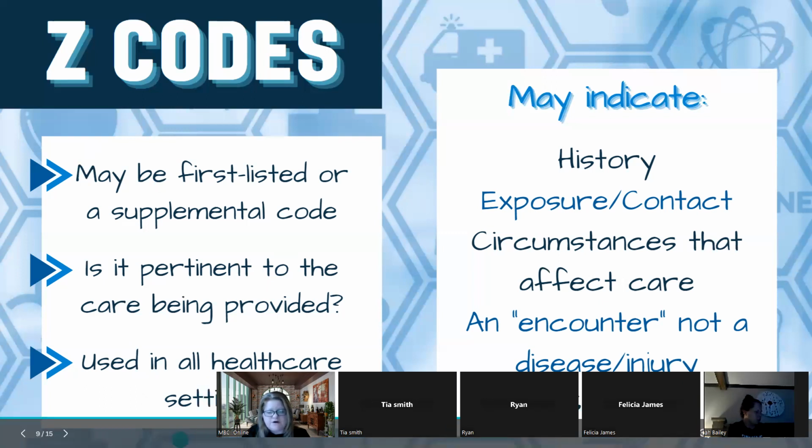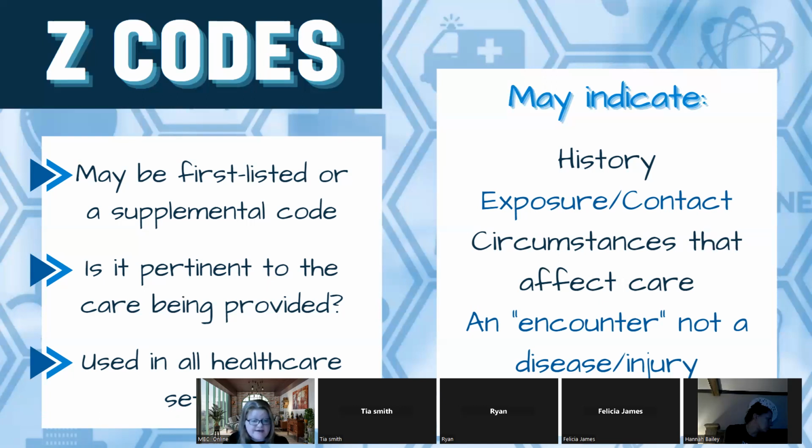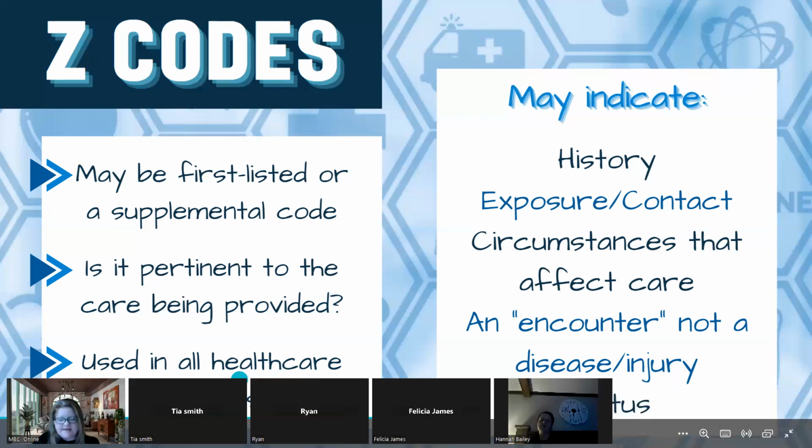Z codes are used in all healthcare settings. Anywhere coding is done, clinics, hospitals, nursing homes, skilled nursing facilities, LTAC facilities, they all use Z codes, because it just helps out. It's all that additional information. And I've got this little list over here to give y'all examples of what the Z codes can indicate. And sometimes it's really, really important.